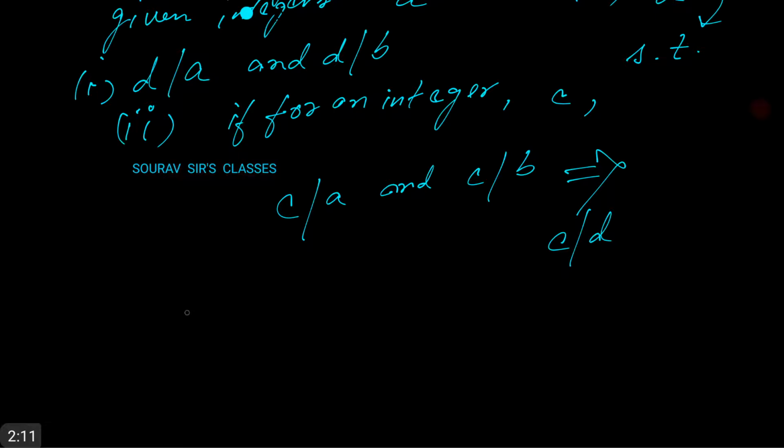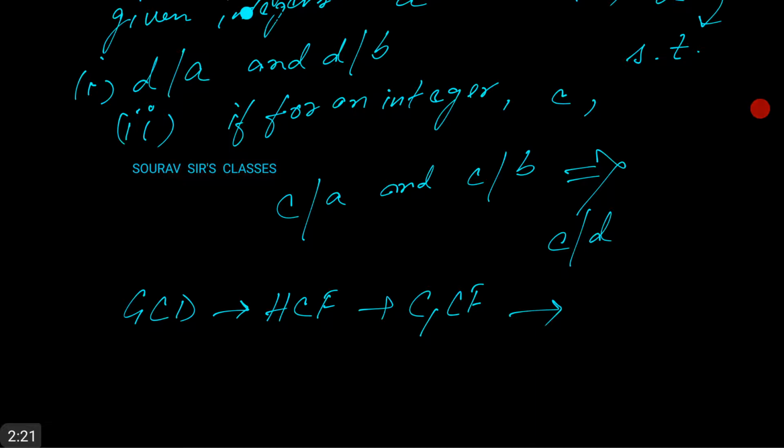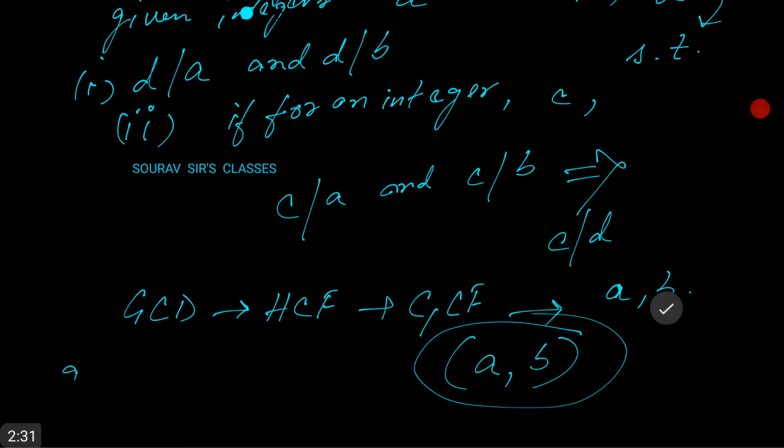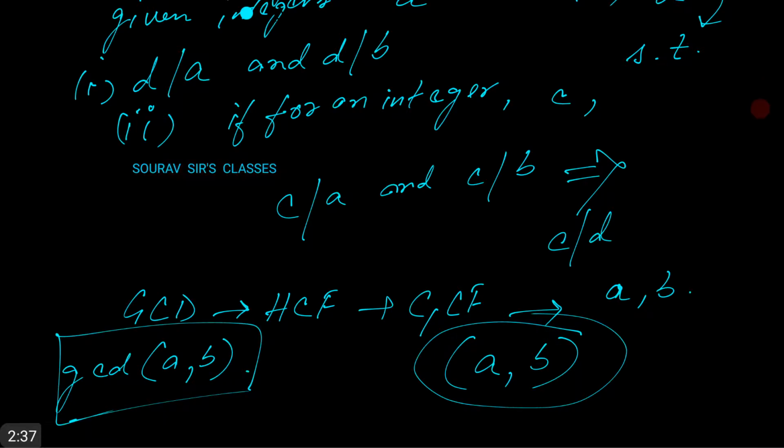The GCD, or the HCF or the GCF, will be denoted by (a, b), or sometimes it's just written as GCD(a, b). Right.